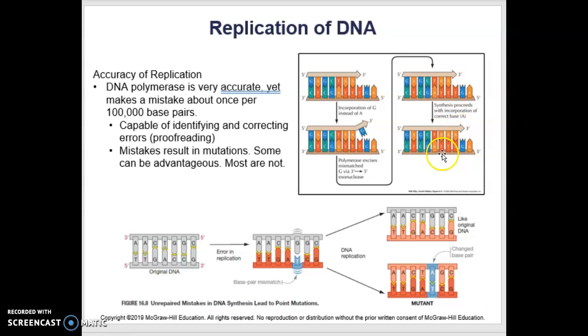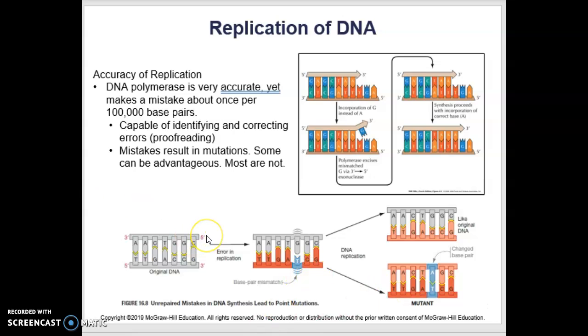Put A with T. But sometimes it doesn't catch the mistake. Sometimes that G goes with T and it doesn't get fixed at all. Instead of fixing it, it will actually go and be a mutant. The reason it's a mutant is because when it tried to fix it, it actually fixed the wrong one.